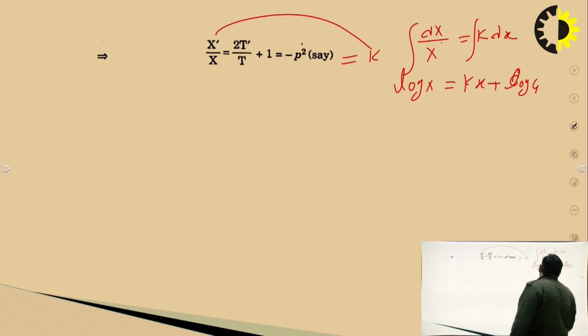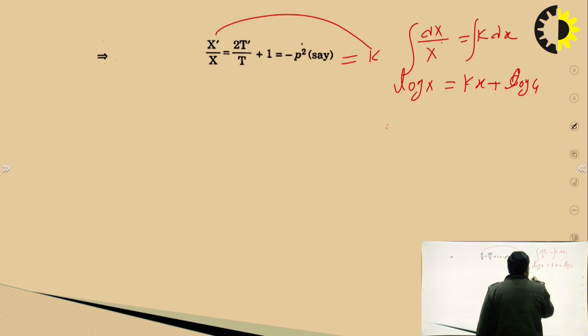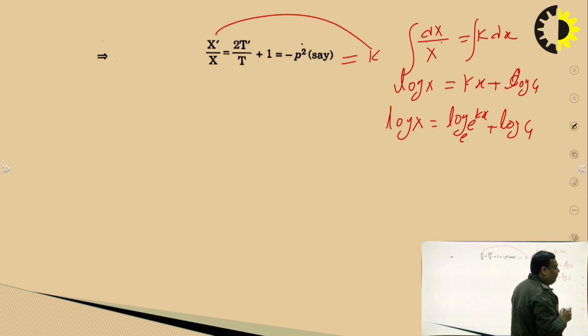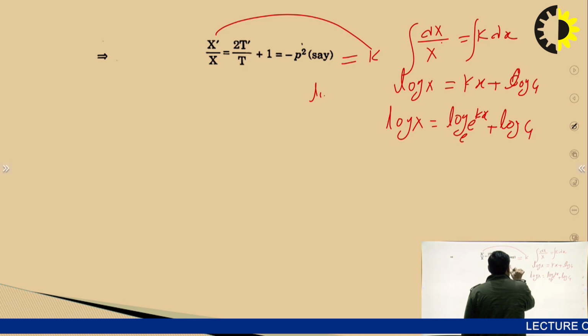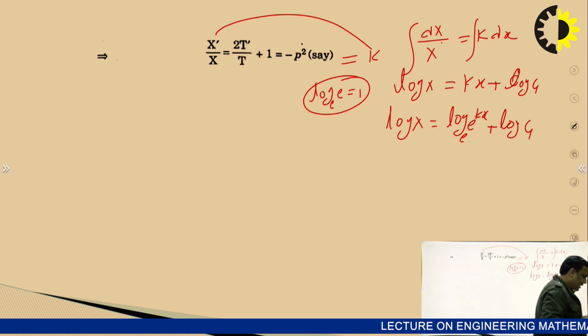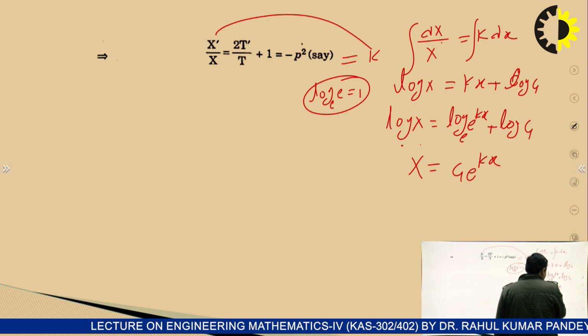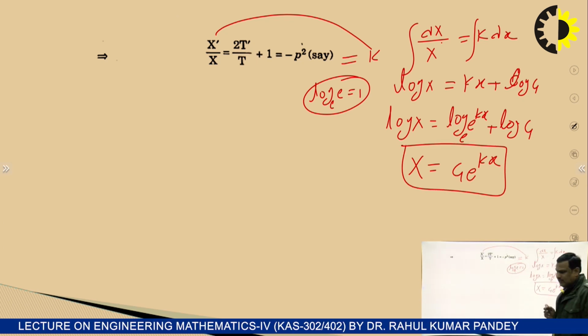We treat log in the form of log X, so we convert kx to log e of e to the power kx plus log of c1, because the value of log e of e equals 1. We know that log e of e equals 1, so we have taken kx in the form of log e of e to the power kx. Now, log a plus log b equals log ab, so X equals c1 e to the power kx. The first solution has come out, X in the form of small x.